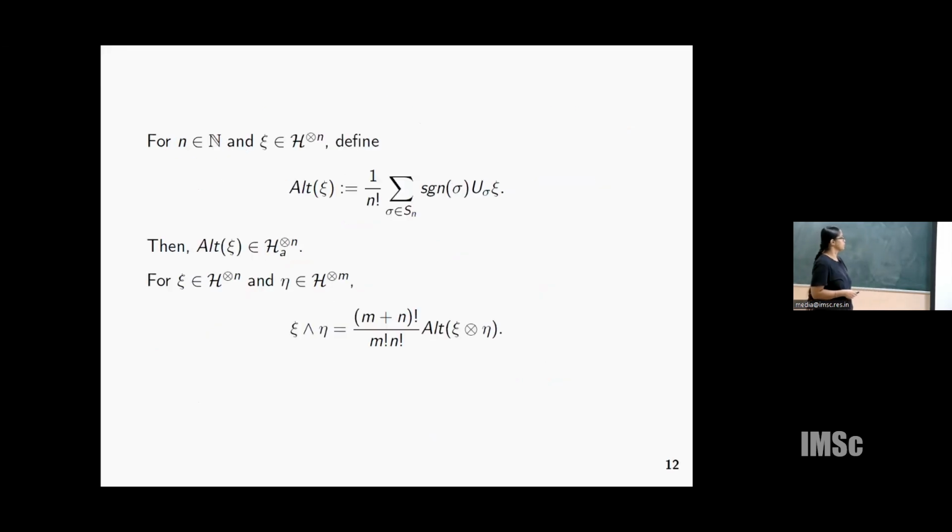Suppose you have an element xi in H tensor n. You can take its alternation, which is the projection of xi onto the antisymmetric n-dimensional space. Also, suppose you have xi in H tensor n and eta in H tensor m. You can take their wedge product to get an element in H_A tensor m plus n.